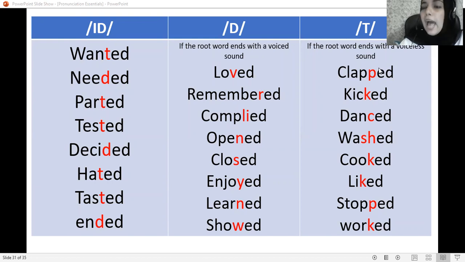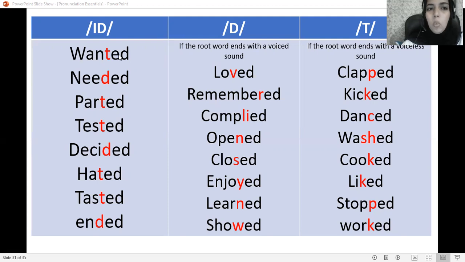So again, clapped, kicked, danced, washed, cooked, liked, stopped, worked. People say worked, worked, worked. So as if there is no ed, it's only t.